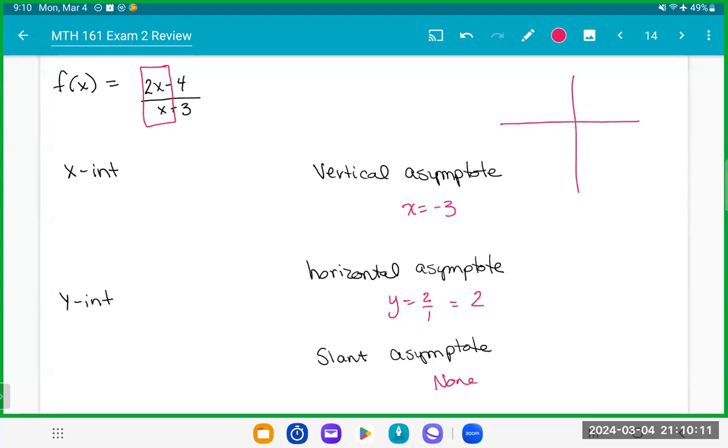And so if I needed to graph these, I have my vertical asymptote here at -3, my horizontal asymptote at +2, and then we can do some other points to help us see where that graph gets plotted. We can calculate our x and y intercepts to help us if we need. We got a lot of that practice today and last class period. Questions?